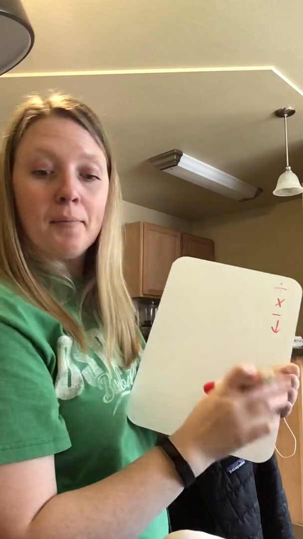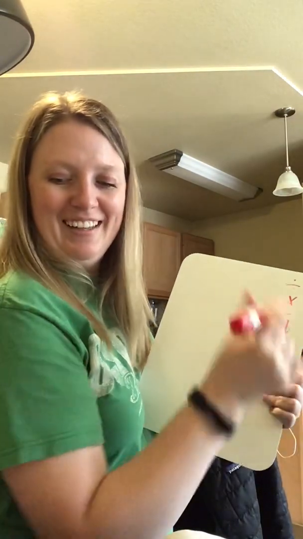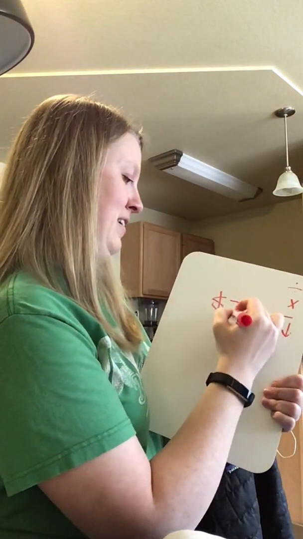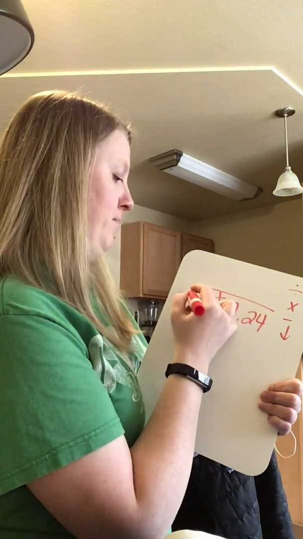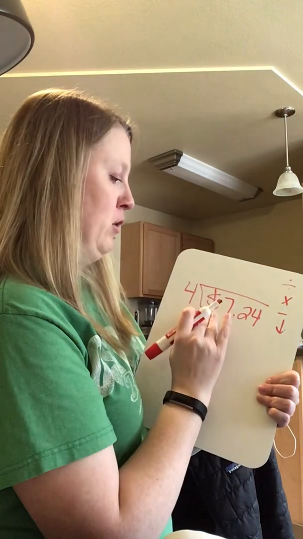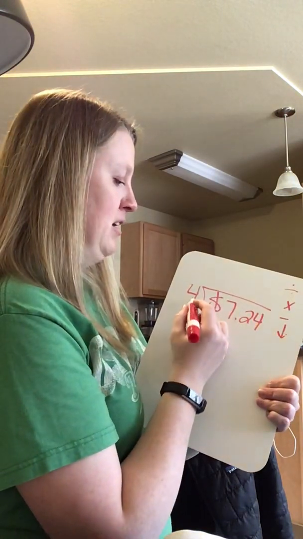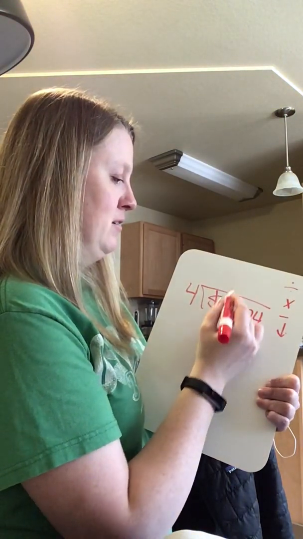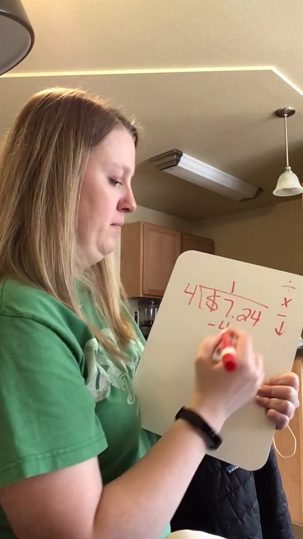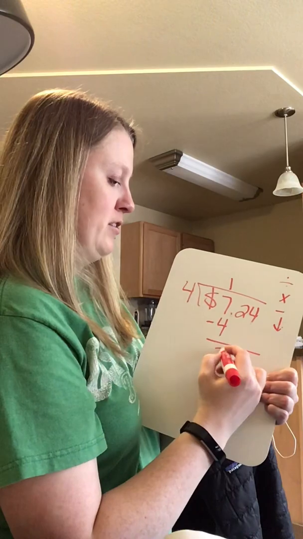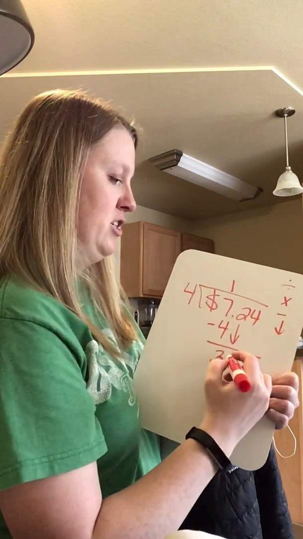And I'm not going to make it up so that I don't mess it up. Let's do $7.24. And we're going to divide it by 4. Okay? Ignore the $, ignore the decimal point. How many times can 4 go into 7? Once, which makes 4. 1 times 4. 7 minus 4 is 3. Bring down the next digit.